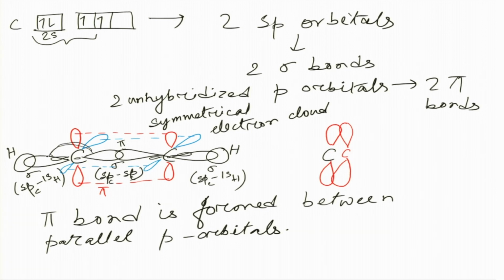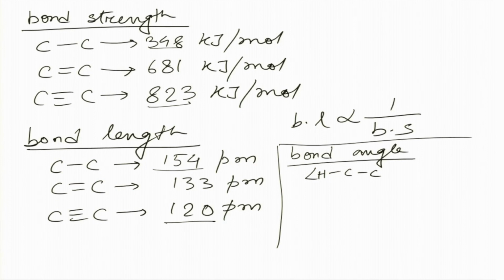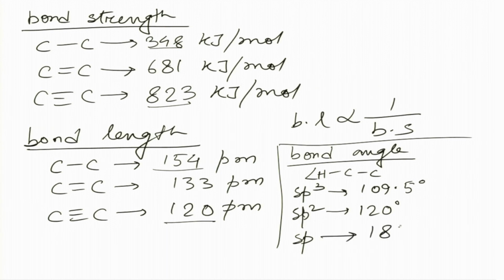So, for alkanes, that is for sp3, this was 109.5 degree. Okay. For sp2 hybridized, that is carbon-carbon double bond, the bond angle was around 120 degree. And for sp hybridized, that is the alkynes, C triple bond C, the bond angle will be 180 degree.